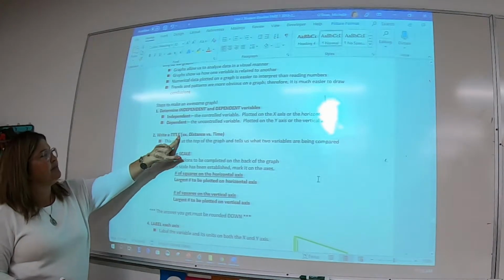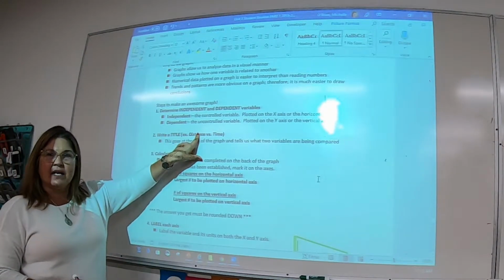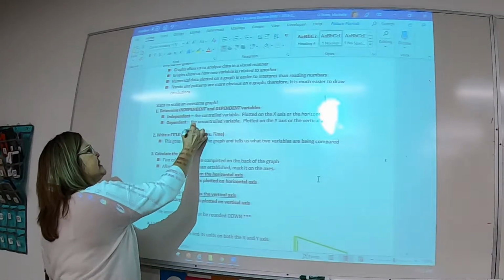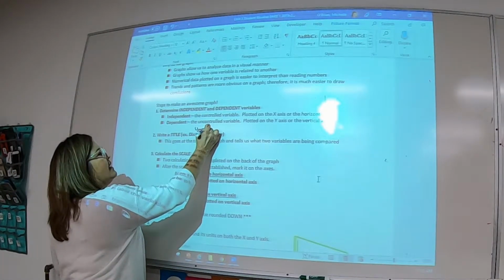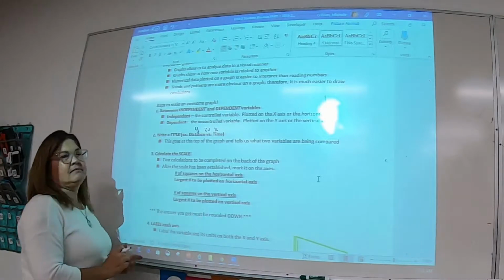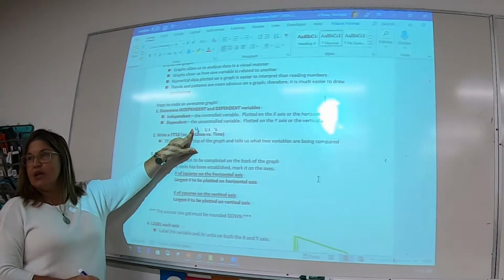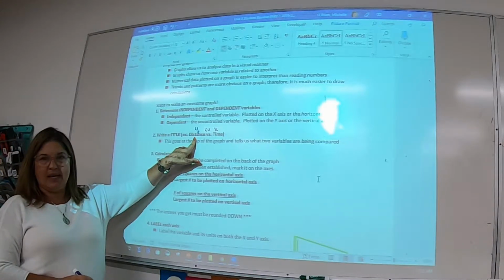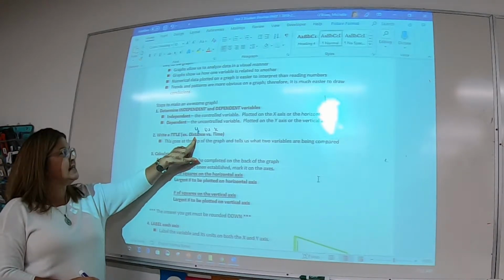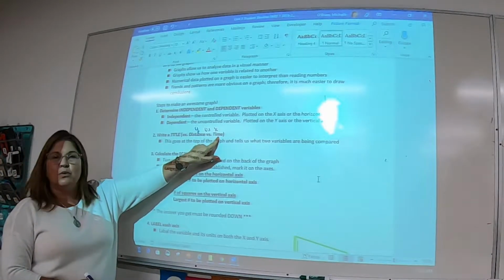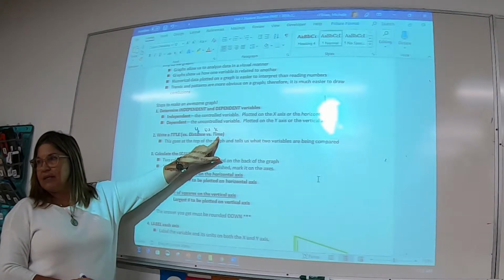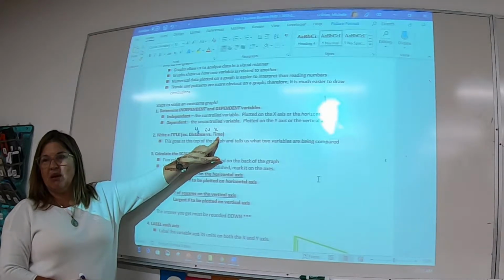Write a title. When you write the title, you will always write it in the form y versus x. You don't actually write y versus x, but whatever is on your y-axis, perhaps it's distance, versus whatever is on your x-axis. And in this case, it would be time.